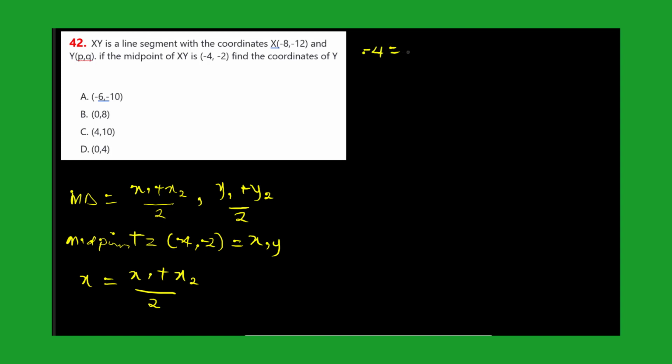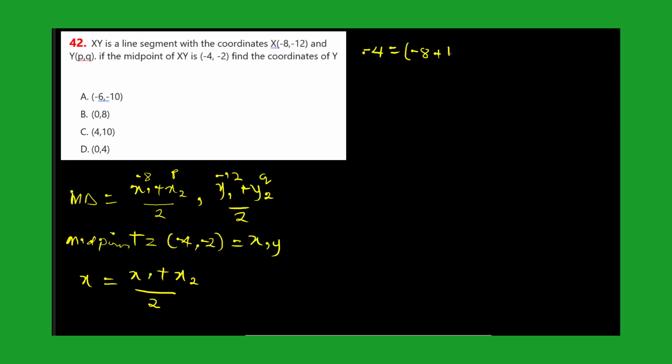Minus 4 equals, x1 here is minus 8, then x2 is p, because S is (-8, -12) and Y is (p, q).